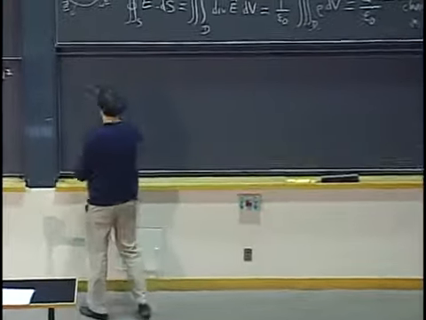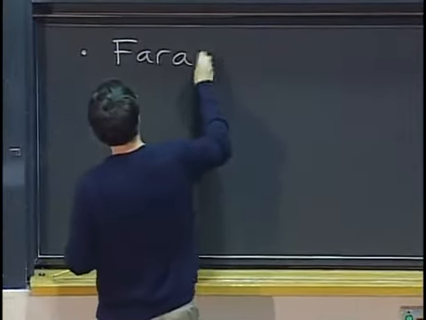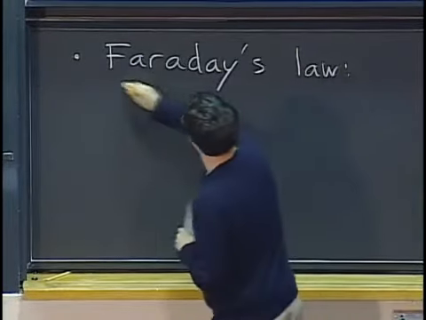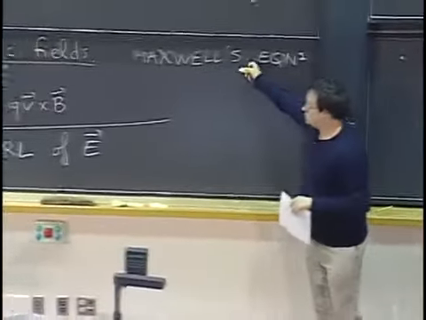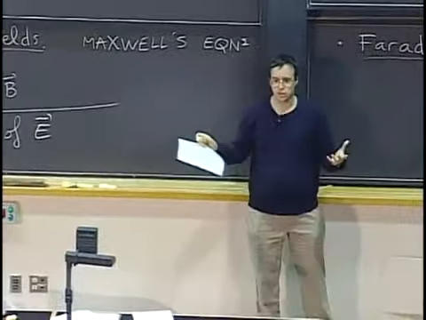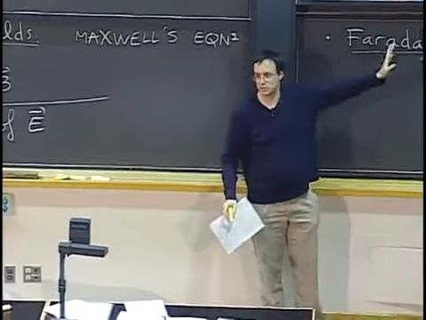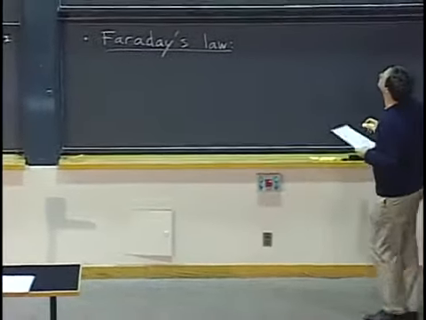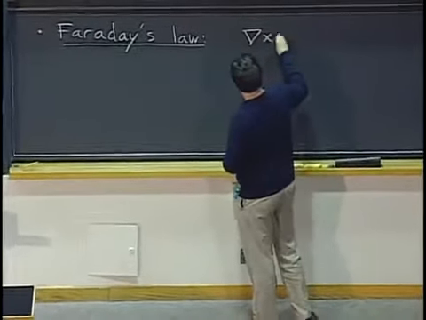So the next one I want to tell you about is Faraday's law. So in case you're confused, by the way, I should say Maxwell's equations. So there's 4 equations in the set of Maxwell's equations, and most of them don't carry Maxwell's name. That's a quirky feature of them. But so that one tells you about the curl of the electric field.